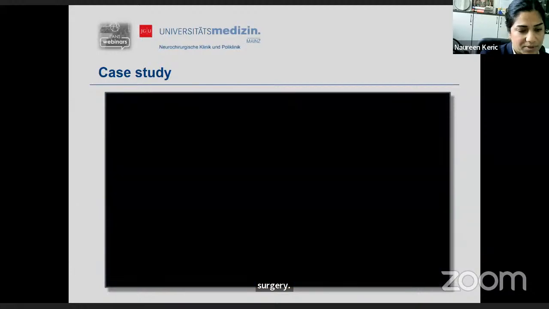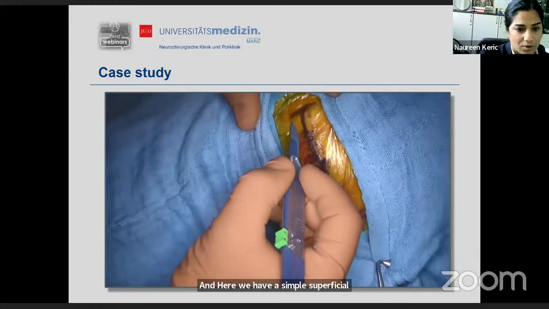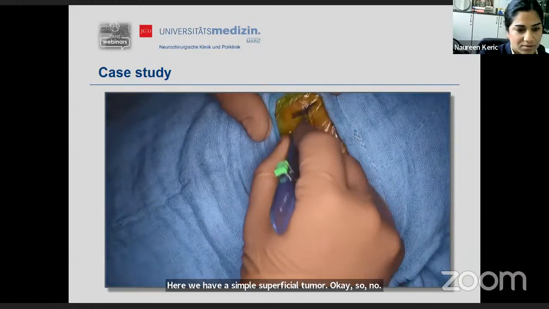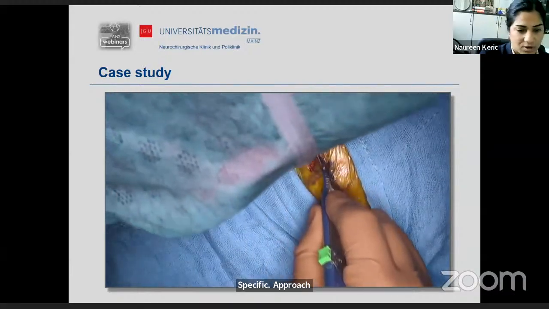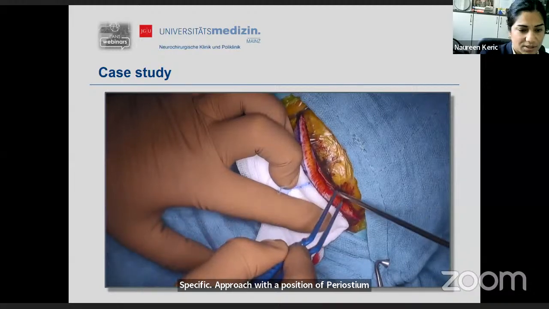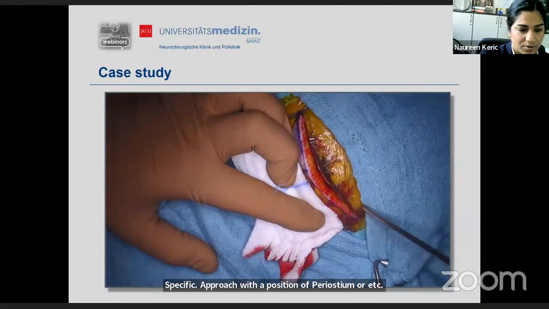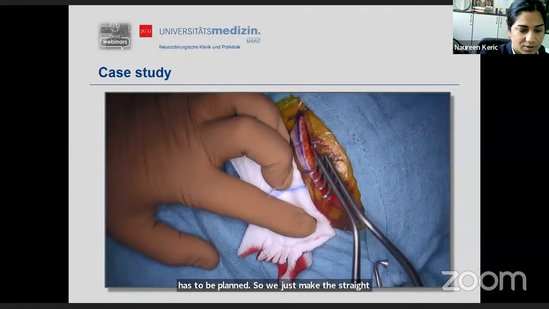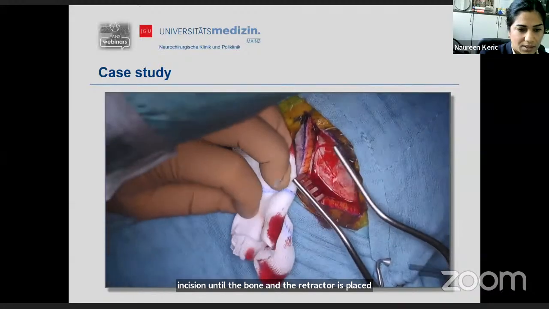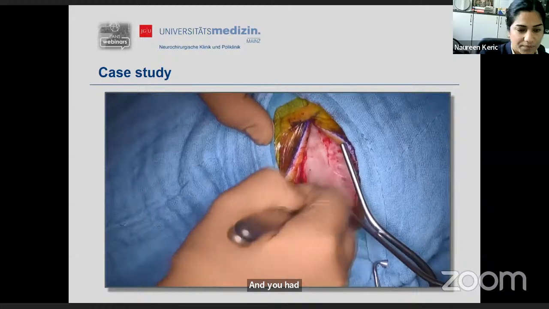Here we have a simple superficial tumor case, so no specific approach with acquisition of periosteum etc. has to be planned. So we just make the straight incision down to the bone, the retractor is placed here, and you cut the periosteum and push it away.